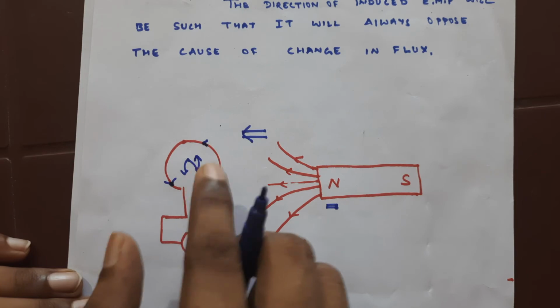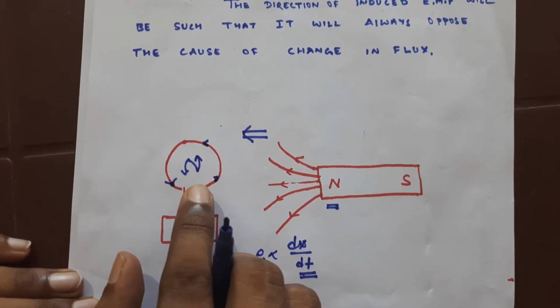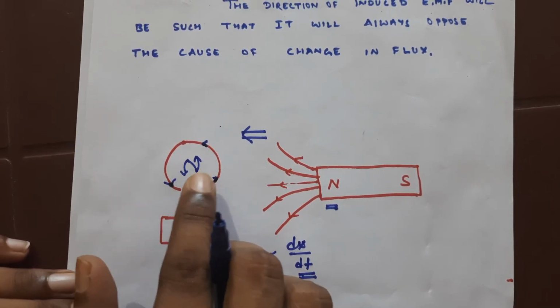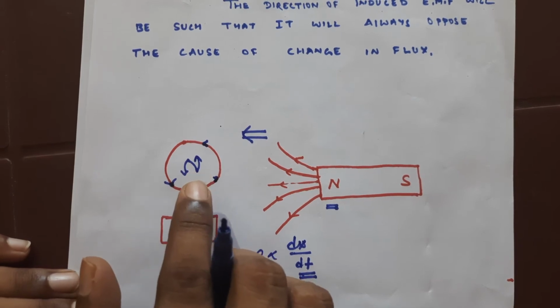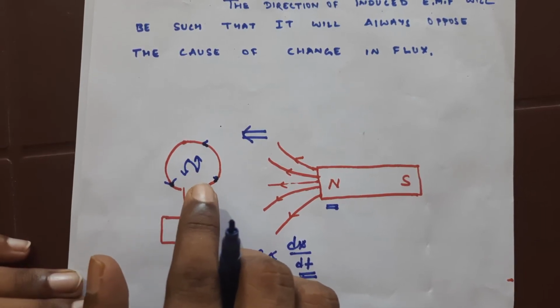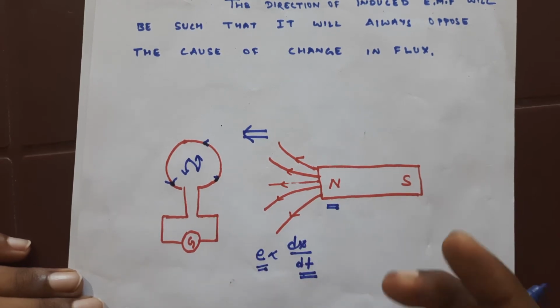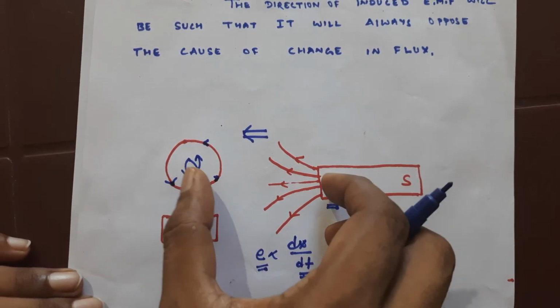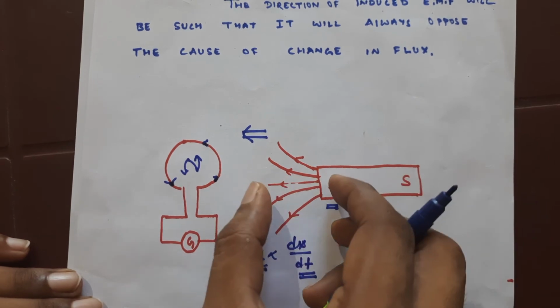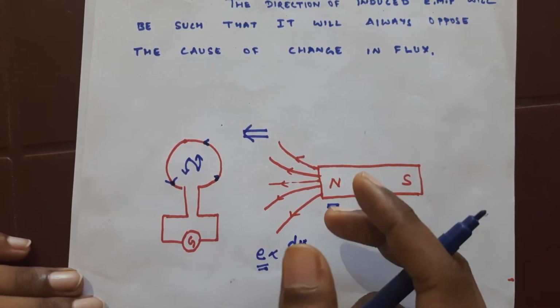So the south pole and north pole will attract with more force, and it will again move further with more rapidity.